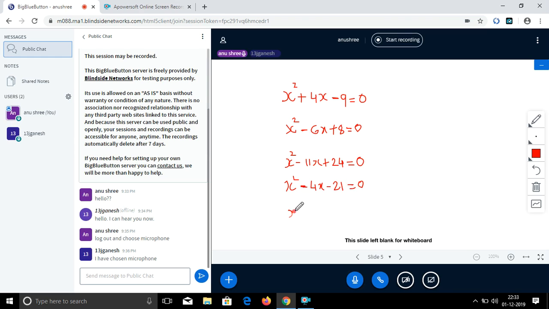And the last one is this. So try solving all these 5 equations using the formula method.